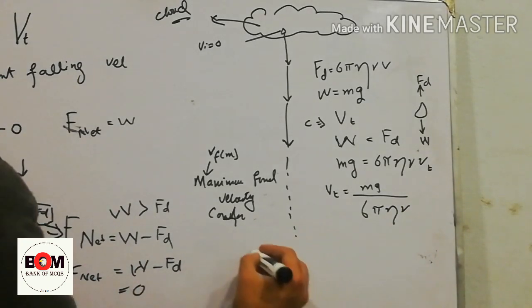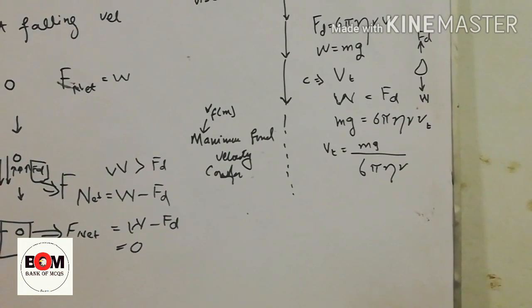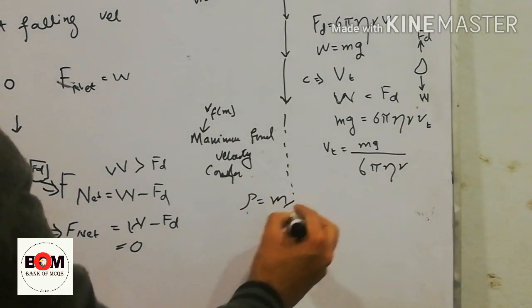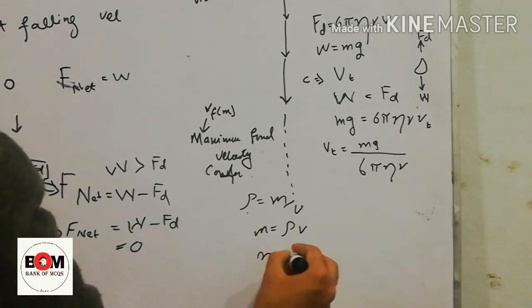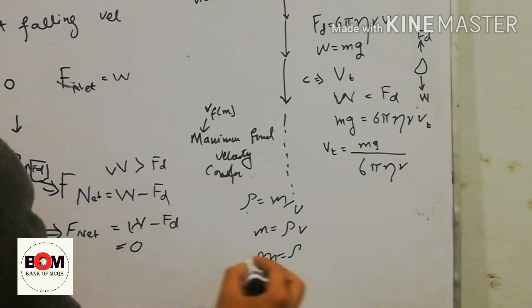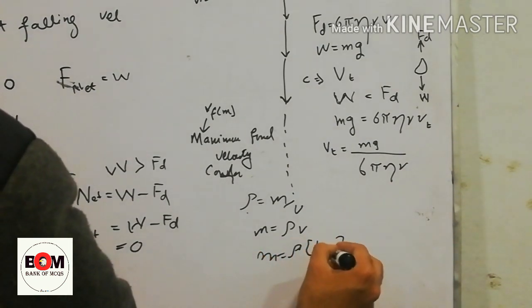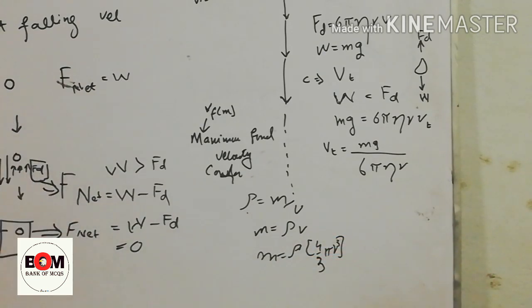Also we know that density is equal to mass per unit volume. So mass will be equal to rho v, and the volume of the drop is equal to 4 by 3 pi r cube. So m is equal to rho 4 by 3 pi r cube.